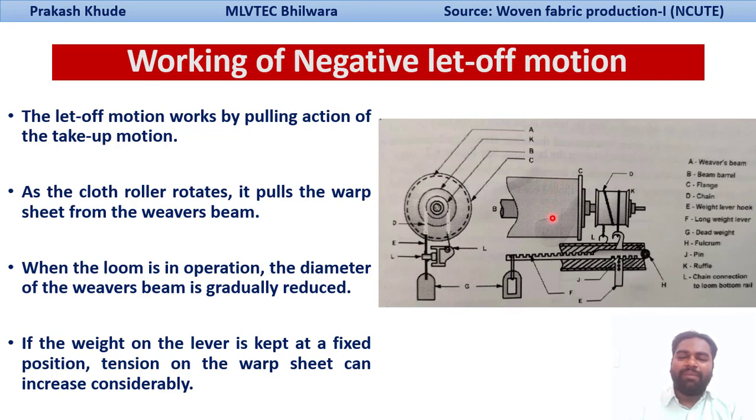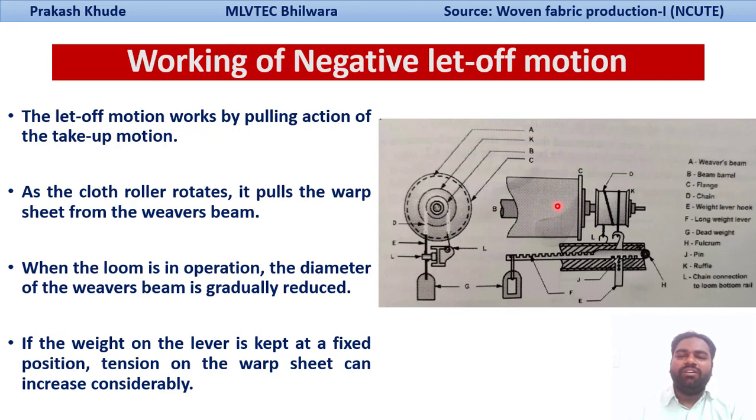So basically, here what happens is, when the beam starts, if it is at full stage, the tension on the beam is low, so at the same time the releasing amount we need is less. As the diameter drops, the tension on the warp sheet increases.